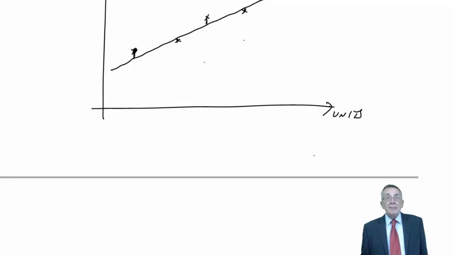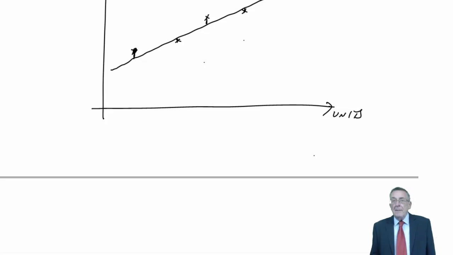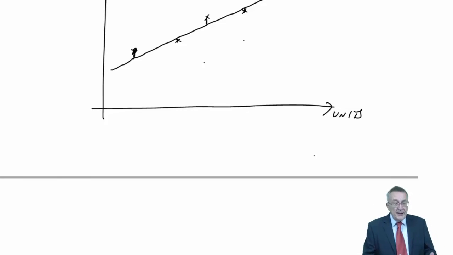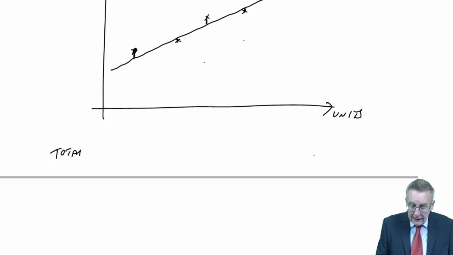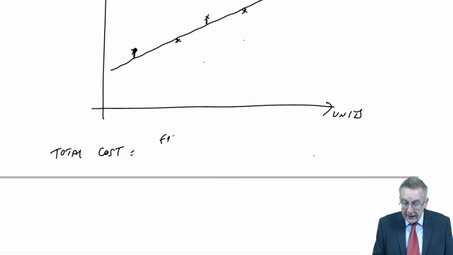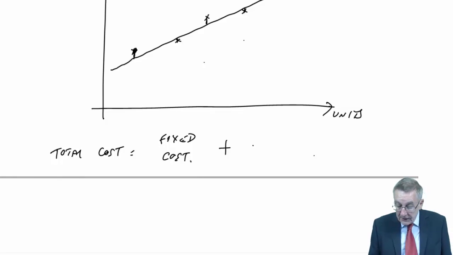But again, if you remember from when we did high-low analysis, I said that once we've got the value for the fixed and the variable costs, we could then use it for forecasting the total cost. I wrote up an equation last time: the total cost is always equal to the fixed costs plus the variable cost times the number of units.